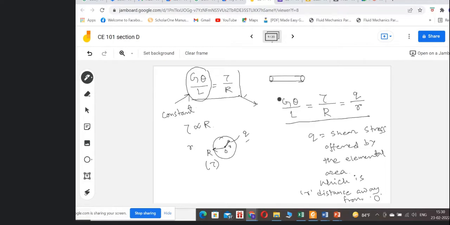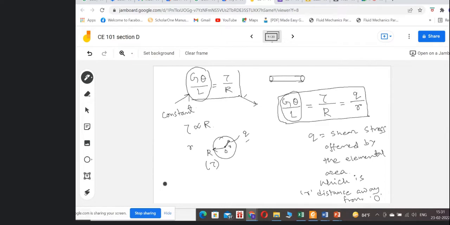So this is the ultimate expression, but we can also use these expressions because these are proportionals, and for a constant material, for a given shaft and given torque, these properties become constant. So in both cases, the shear stress is proportional to the radius. Now, why are we doing this?